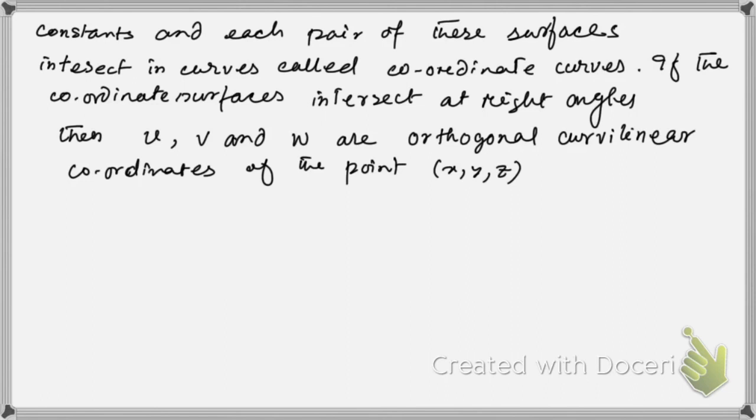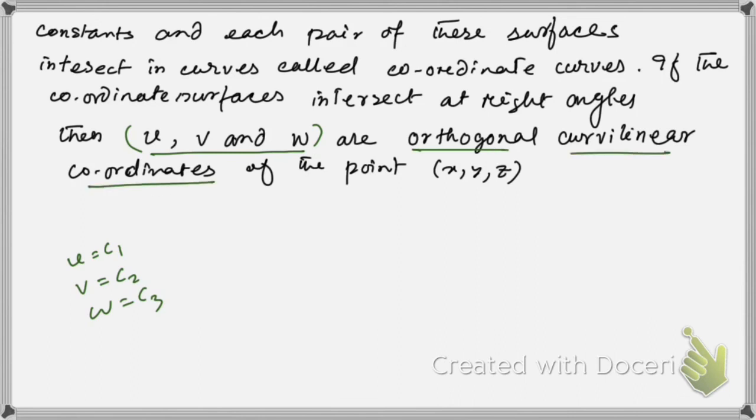That means the surfaces represented by u = c1, v = c2, and w = c3 must be mutually perpendicular, right? Then these three curvilinear coordinates will be called orthogonal curvilinear coordinates. So this is the definition. So hope you have understood this.